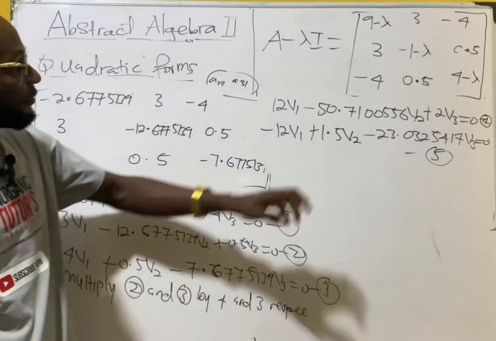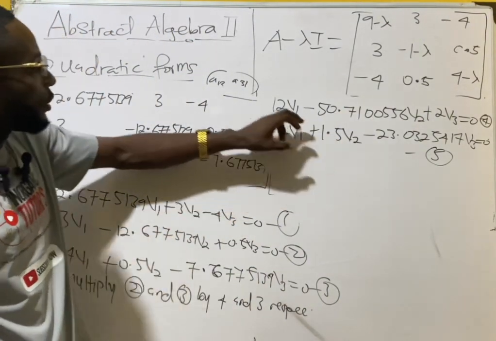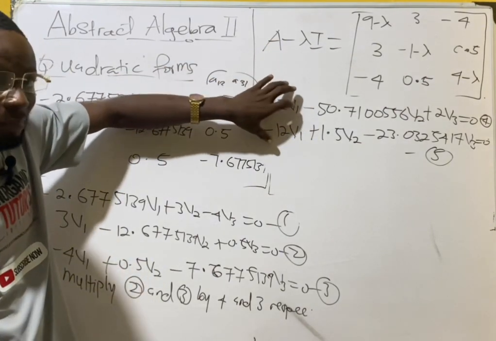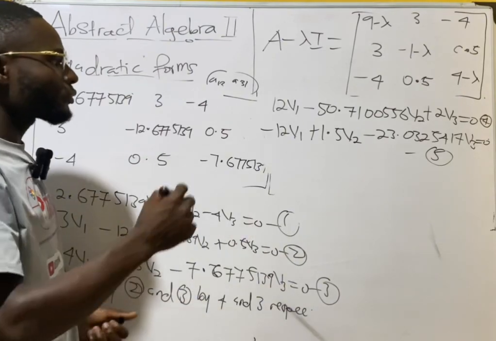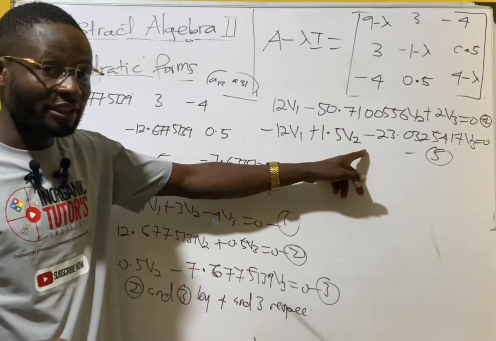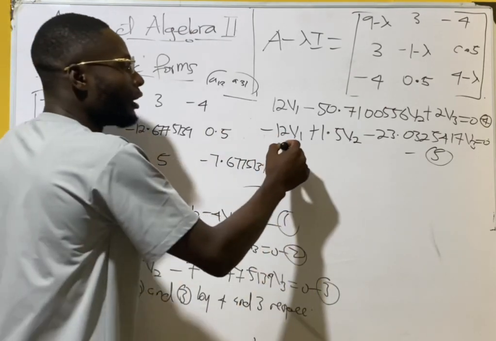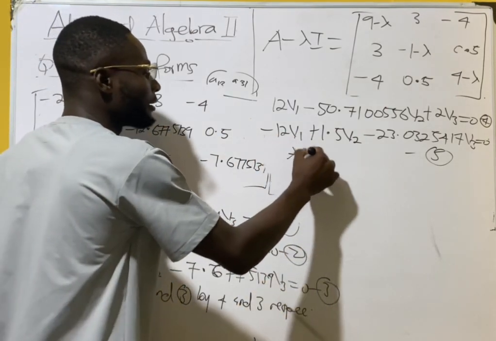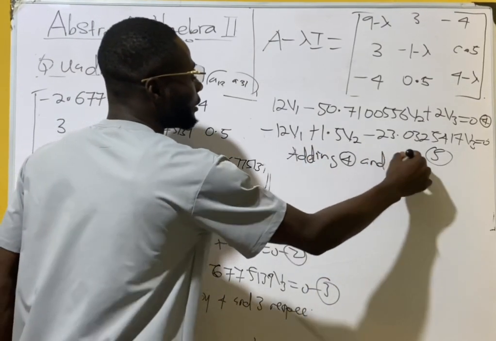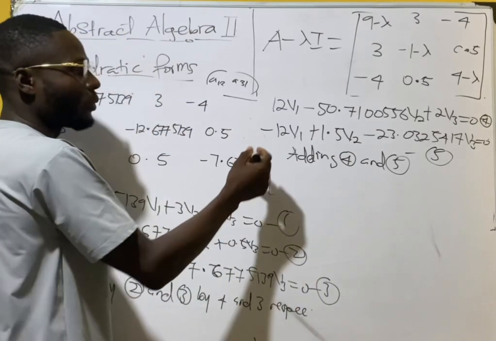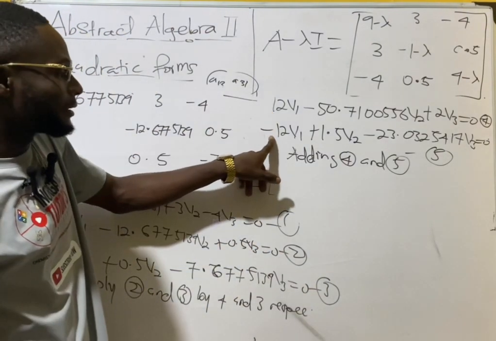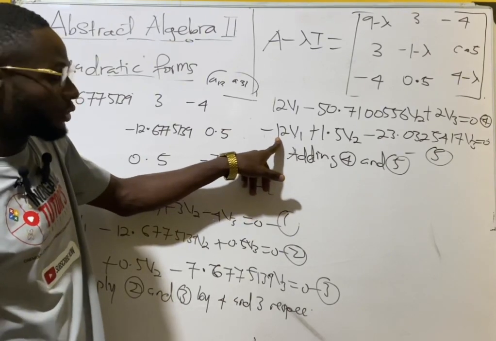So we have equation 4 and equation 5, in which V1 can be eliminated, right? So our aim is to eliminate V1 so that we can solve for V2 and V3. So adding equation 4 and equation 5, when you add 12V1 minus 12V1, you're going to have 0.